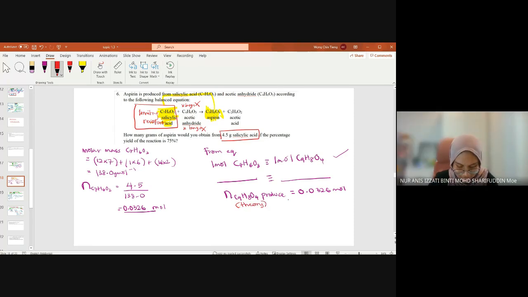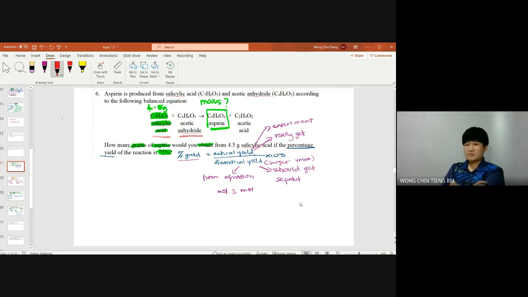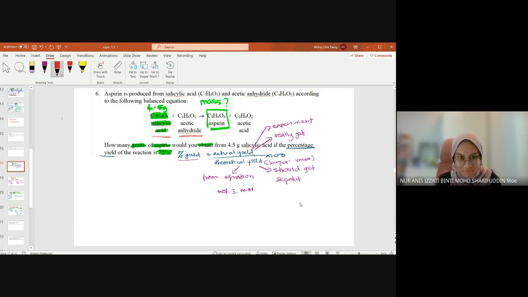Sebab kita ambil daripada mula mass kot. I give you another chance. Kenapa teori? Tak sure. Nah, jawapan ada kat situ. Tengok.